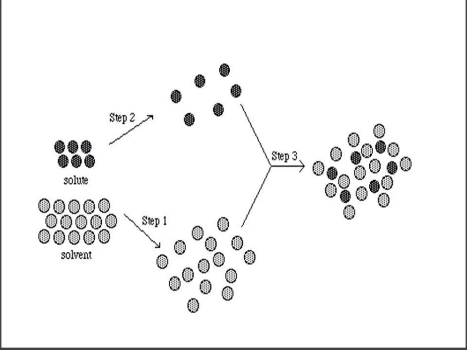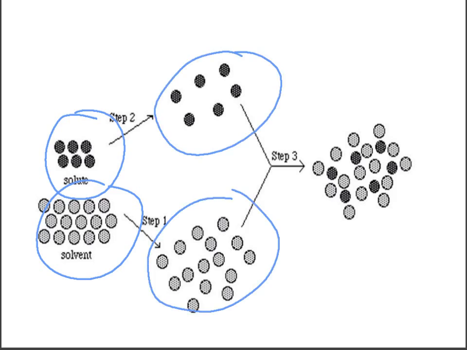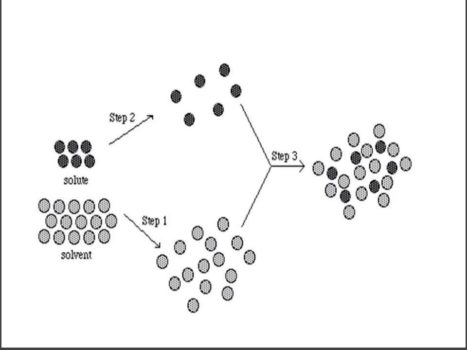This is a classic example of a diagram showing the three different steps. For example, at the start, we have the solute and the solvent. Once combined together, they will be attracted to the particles of each other. In the process, when a solute and a solvent are attracted to each other, the solute-solvent attractive forces will be formed.